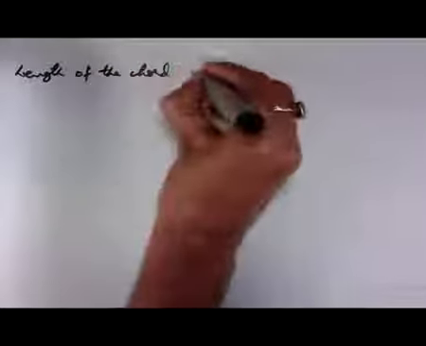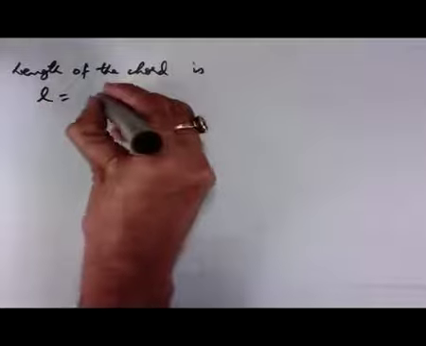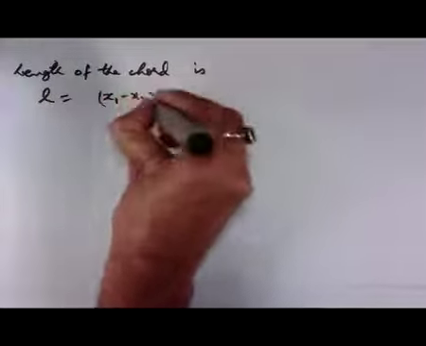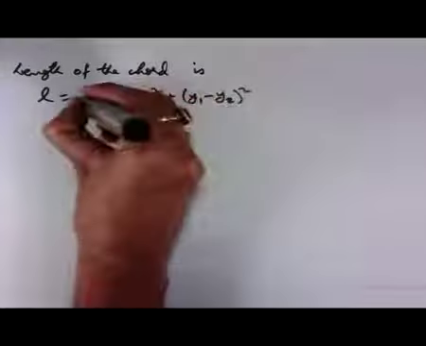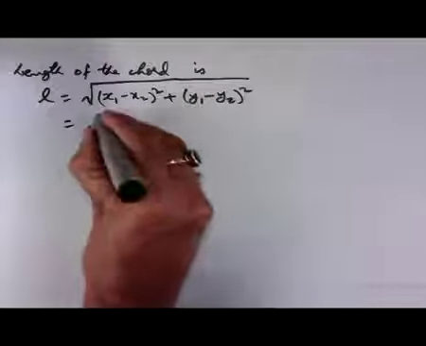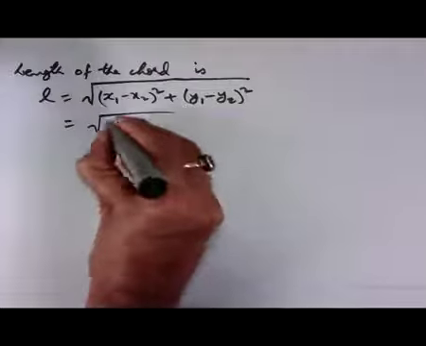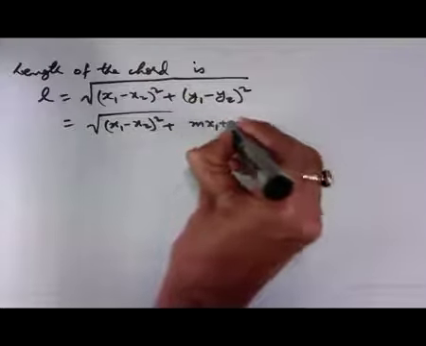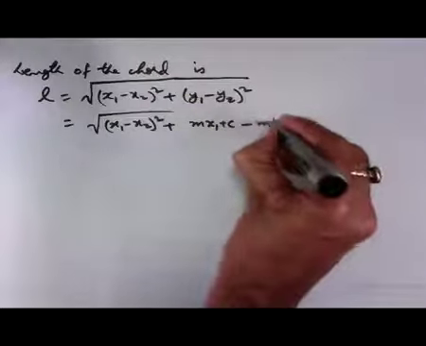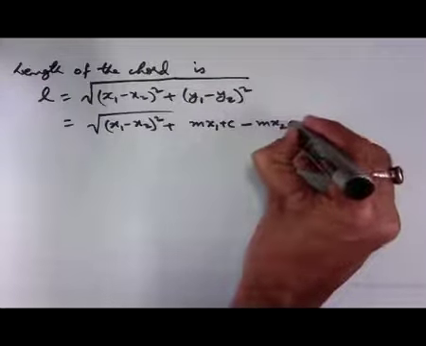Now, the length of the chord is L equal to square root of (x1 minus x2) square plus (y1 minus y2) square, but this can be written as (x1 minus x2) square plus y1 is m x1 plus c and y2 is m x2 plus c.